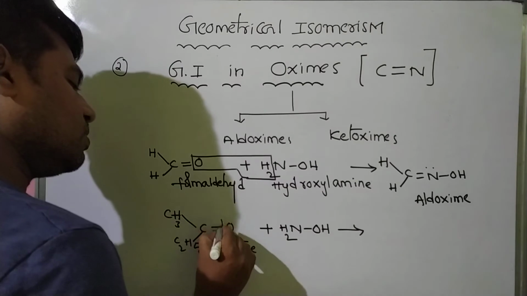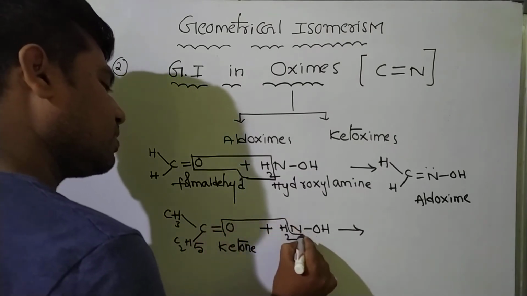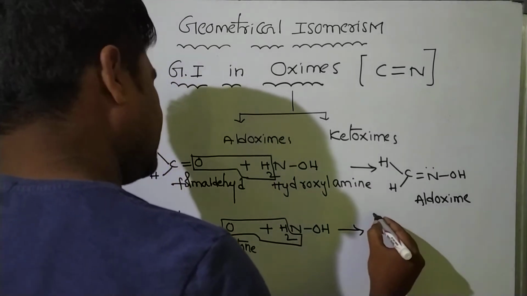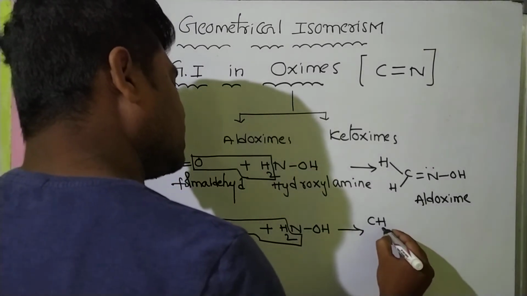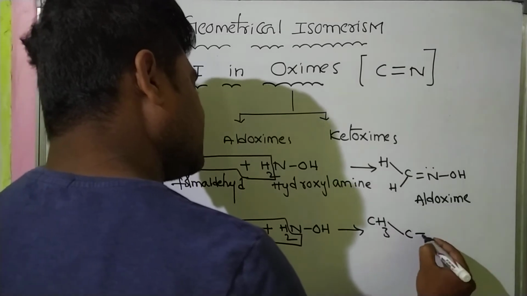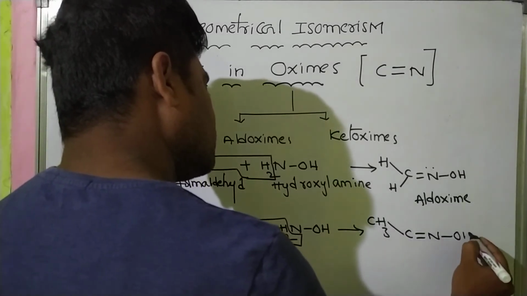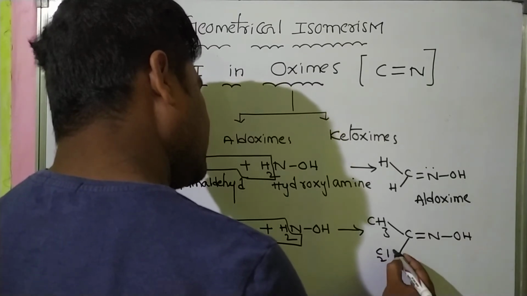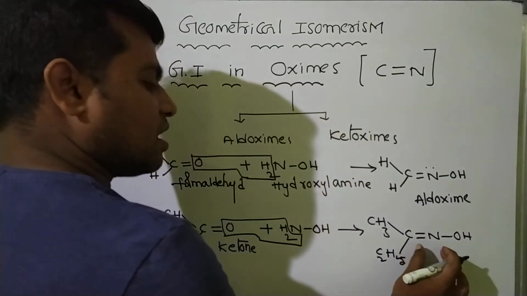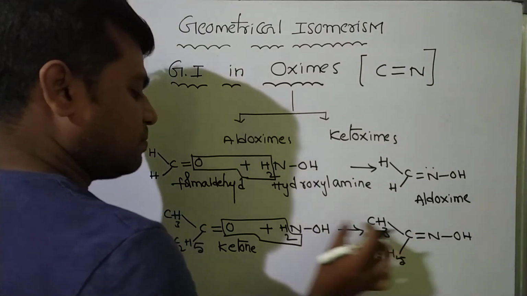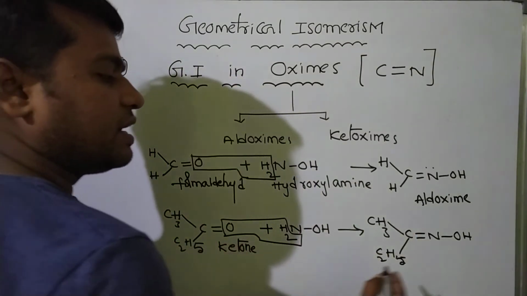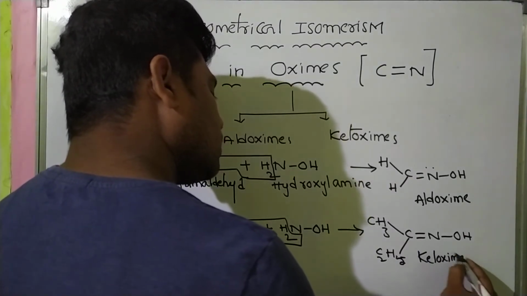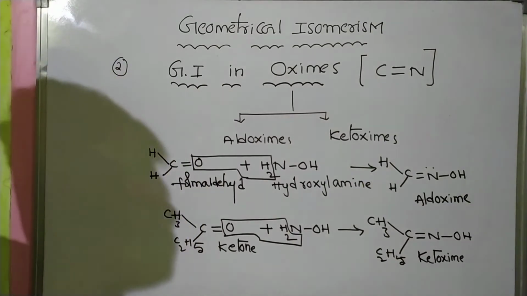One water molecule will be expelled. Now we will get ketoxime, CH3, C double bond N, so this is OH group. Here ethyl group, C2H5. So this oxime comes from ketone, so it is called ketoxime. Okay, please note.